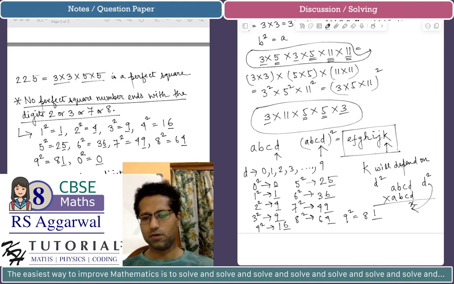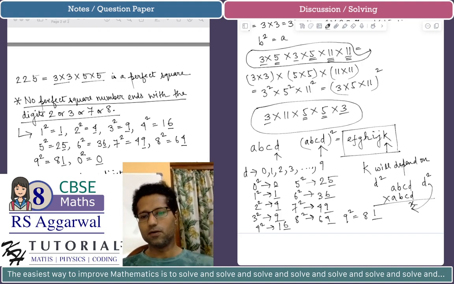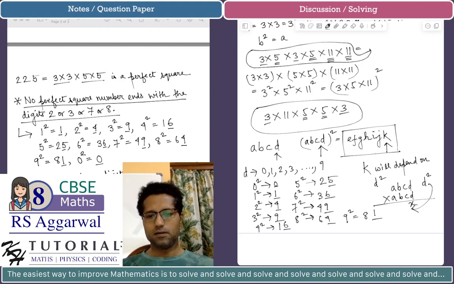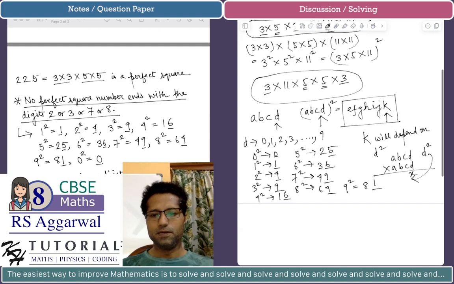So you can see, whatever the digit d be in any given number ABCD, if I take the square of ABCD and that number is EFGHIJK, then k has to be one of the digits 0, 0, 1, 4, 9, 6, 5, 6, 9, 4, 1. So these are all the possibilities.